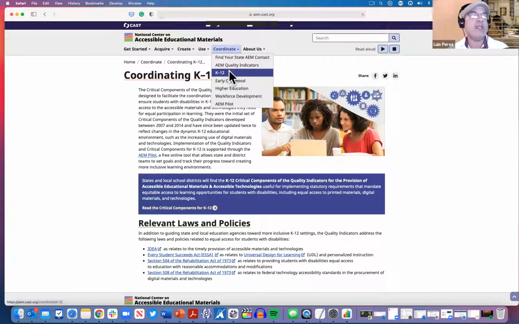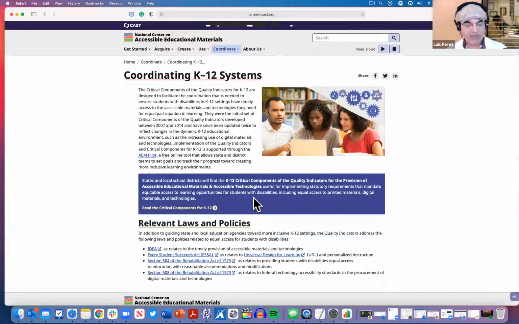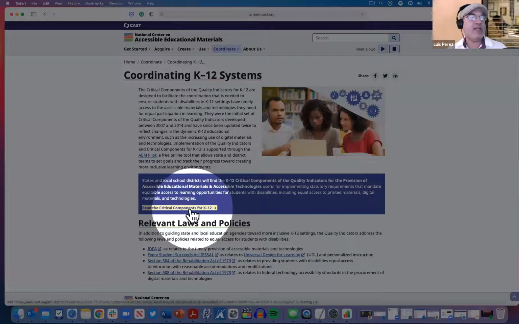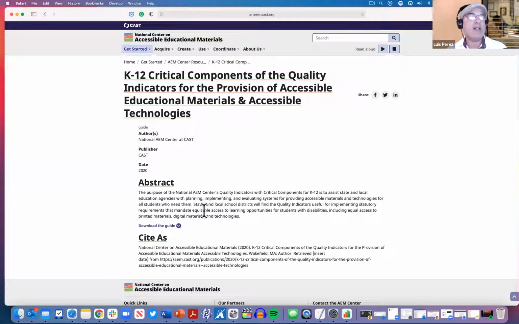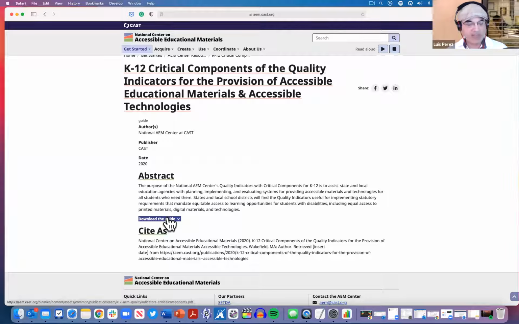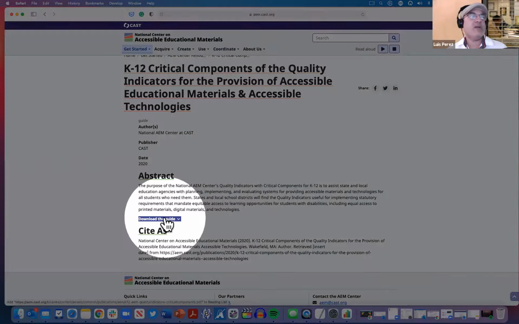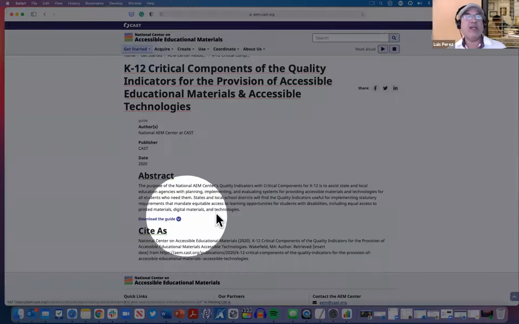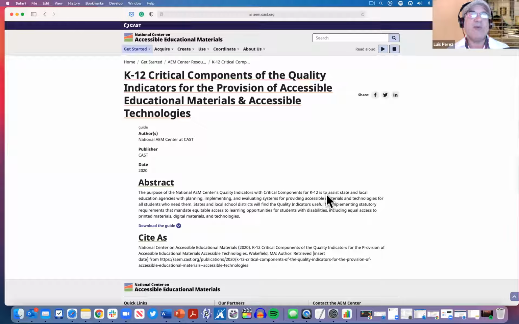So now if I go to the K-12, as just an example, look for this blue box towards the middle of the screen. And right here, you'll find a link and it will take you to the critical components for K-12 in this case. And then you can download the document. So this is one of our resource pages, and you'll see a link here that says download the guide, and that will allow you to download the critical components or the quality indicators with critical components.